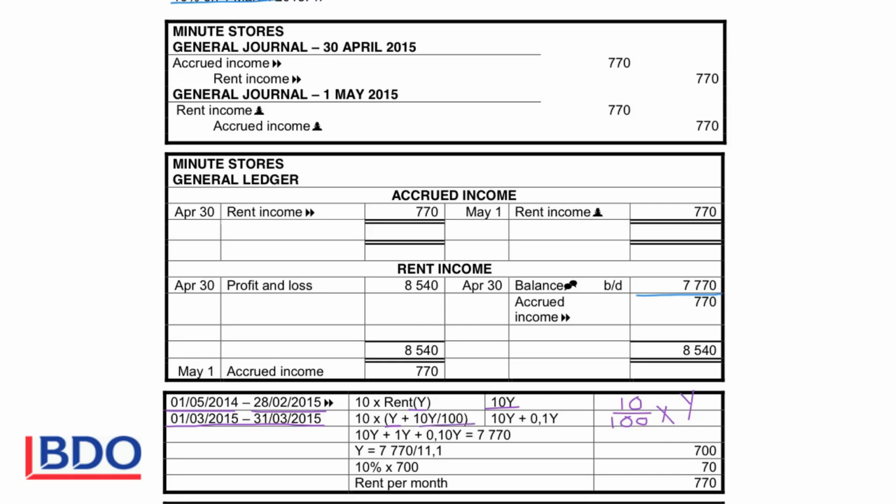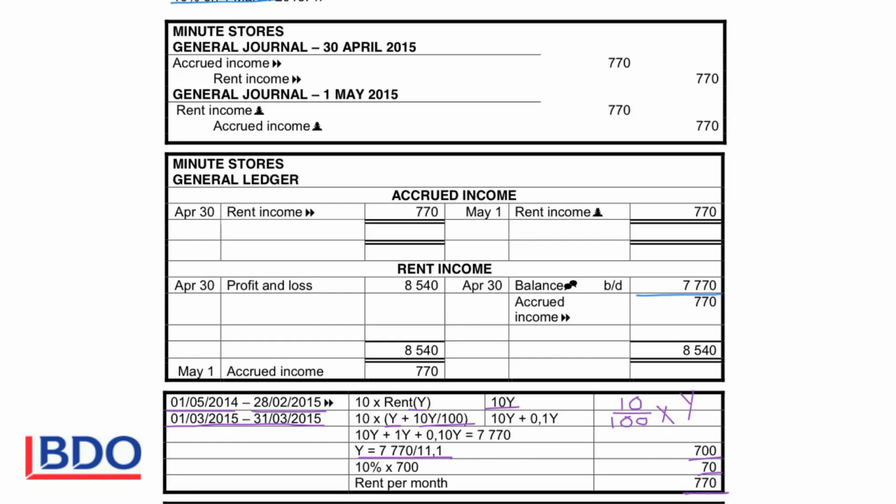And if we work out what Y is now, it gives us 700 Rand. Remember, this 700 is for Y, that is before the increase. So we have to do a calculation for the 10% increase, add the 70 Rand, and that means the amount that we still have to get for the current month is 770 Rand.